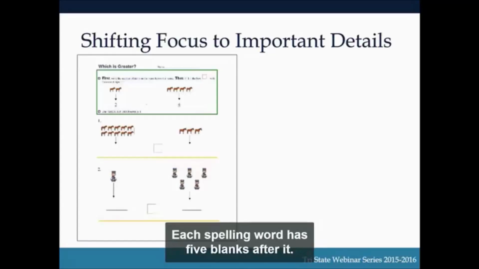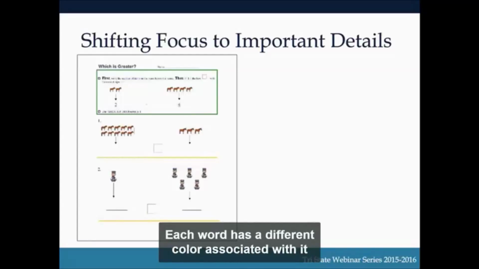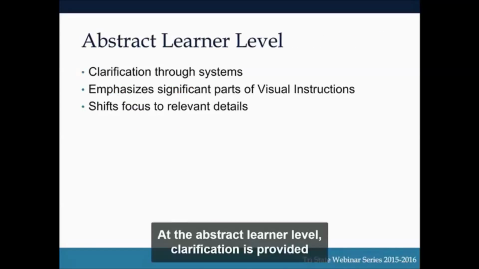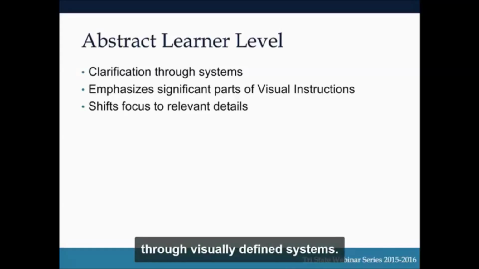Directions are highlighted in yellow to draw the student's attention to expectations for completing the task. Each spelling word has 5 blanks after it. Each word has a different color associated with it so that it's easier for the student to track progress through the page. At the abstract learner level, clarification is provided through visually defined systems.